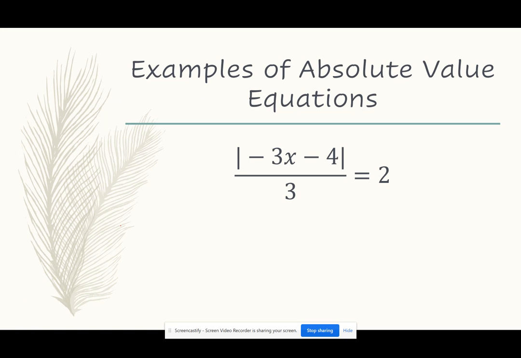Here's an example of a big fraction. So this whole absolute value is being divided by 3. So to undo division, we learned we need to multiply. So we get the absolute value of negative 3x minus 4 equals 6. So now we can set this equal to positive 6 and negative 6.